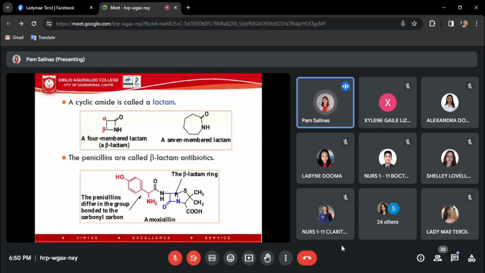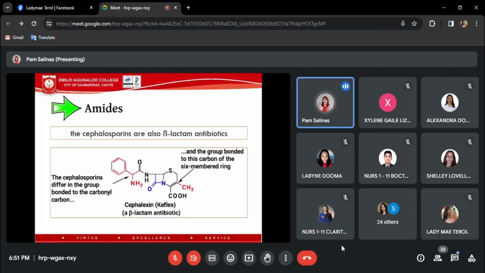Nakita po ba yun sa penicillin? That is the closed chain structure for the penicillin, yung color red, while yung color blue is the closed chain structure of amoxicillin. Okay, as you can see, both of them have double bond O and attached to nitrogen. Ayan. So, that is the beta-lactam antibiotics. The cephalosporins are also beta-lactam antibiotics.